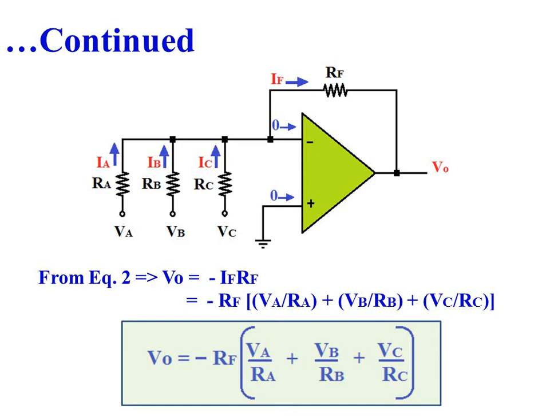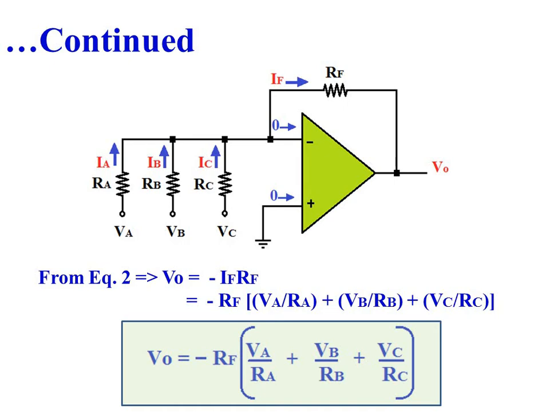From equation number 2, we can write output voltage V0 is equal to minus IF into RF, that is equal to minus RF into (VA by RA plus VB by RB plus VC by RC), as IF is equal to VA by RA plus VB by RB plus VC by RC.